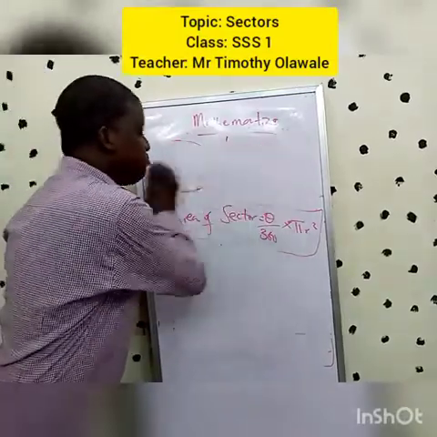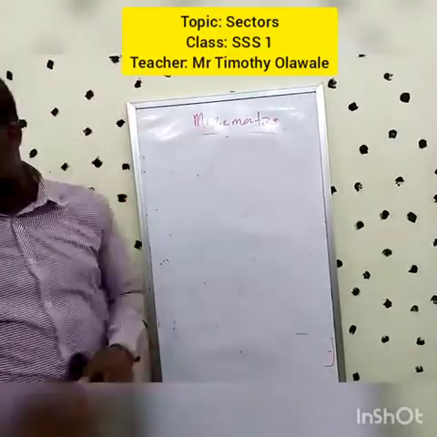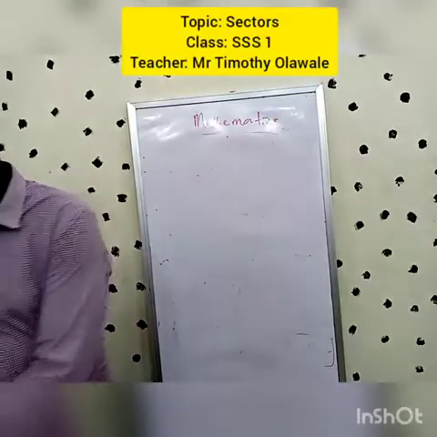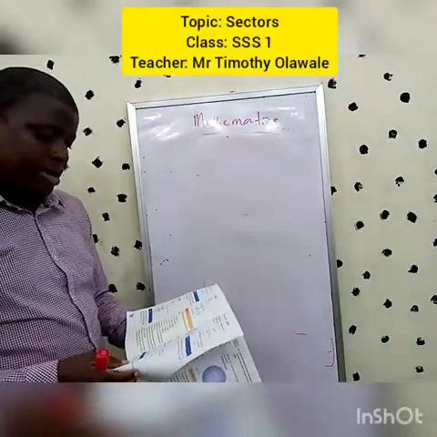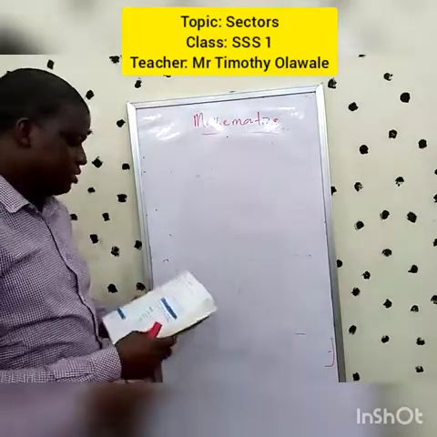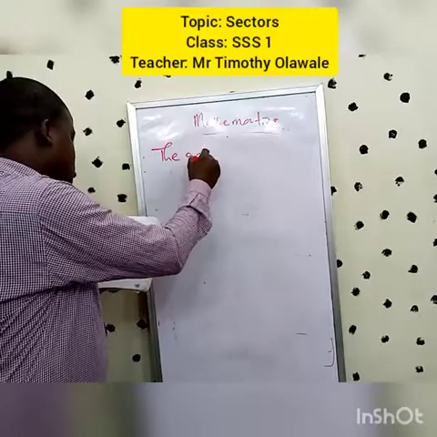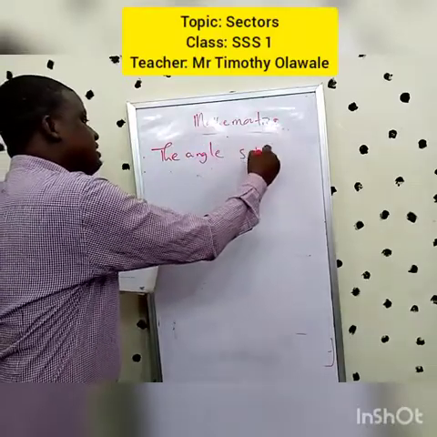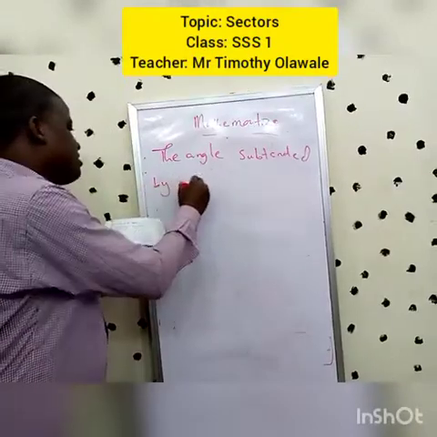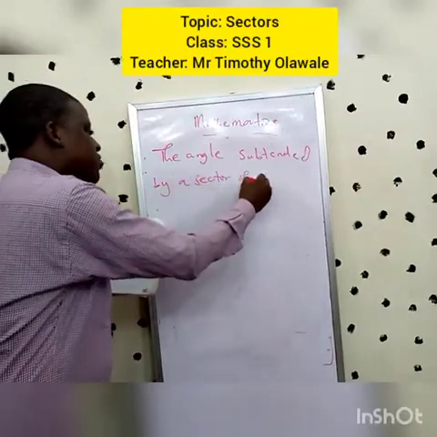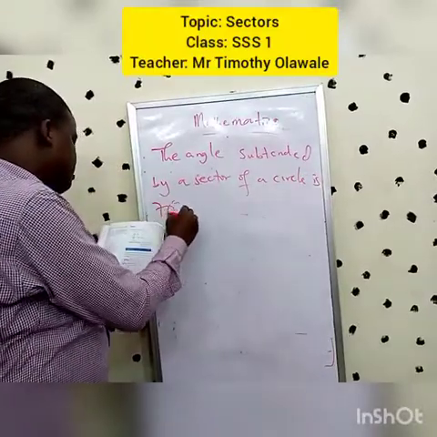Okay, let's continue. Let's take a question. This question says the angle subtended by a sector of a circle is 70 degrees.